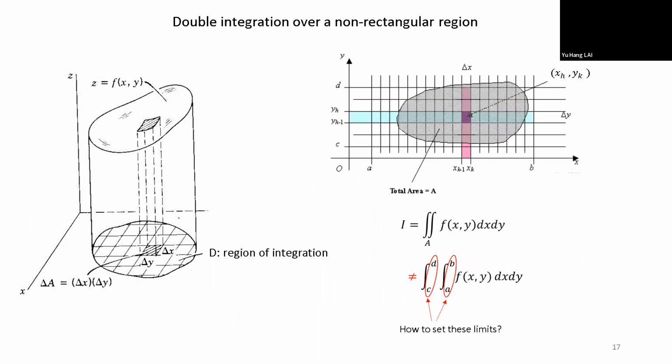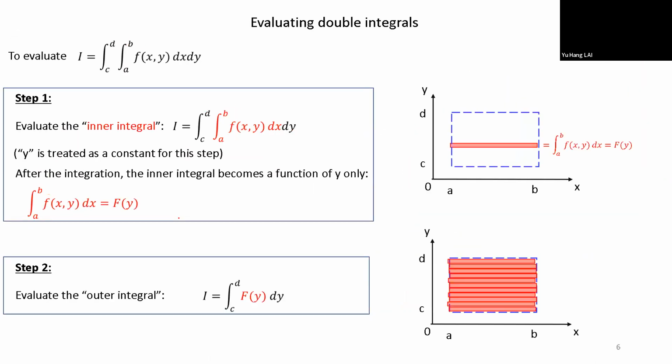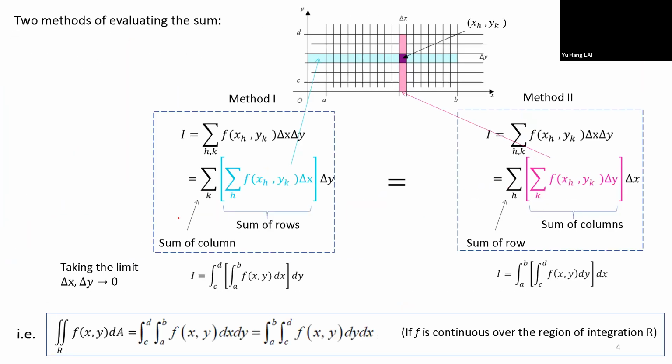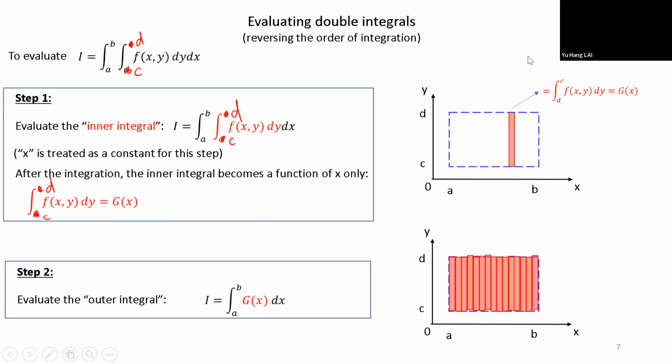Before, when we had this rectangular region, for every slice I always started at y equals c and stopped at y equals d. That's why my inner integral was described by the constant lower and upper limits c and d.